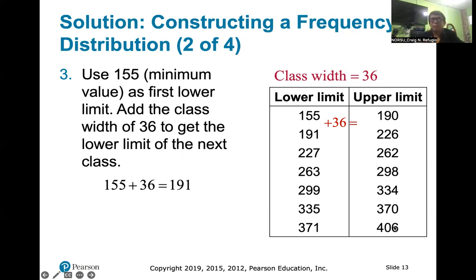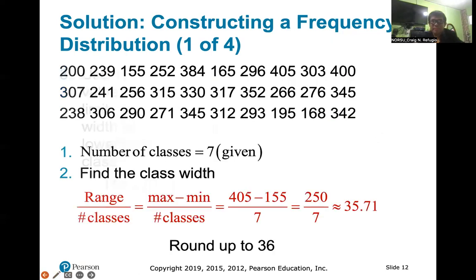And you might ask, when shall I stop adding 36? You stop in a class where the highest value is found. So we have 371 to 406: 371 the lower limit, 406 the upper limit. If you look at the maximum value, it's 405.